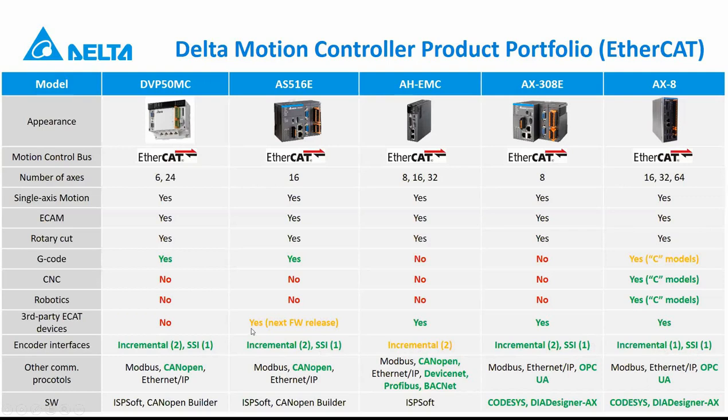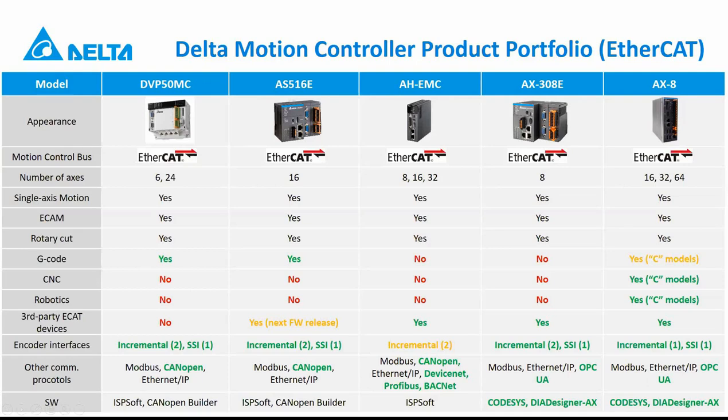Okay, and other communication protocols. DVP and AS support Modbus, CANopen for sure, and EtherNet/IP. And EMC, same: Modbus, CANopen, EtherNet/IP, and in addition DeviceNet, Profibus, BACnet. AX300 supports Modbus, EtherNet/IP, and in addition OPC-UA, like AX8. And software environment. For 50MC and AS500, we can use ISPSoft or CANopen Builder.